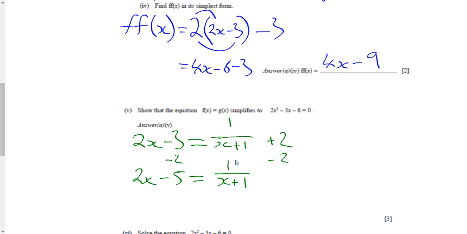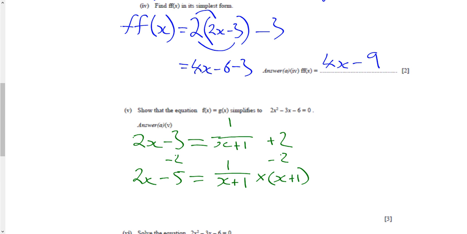Let's get rid of this fraction, and the best way to get rid of any fraction is to multiply it by the denominator. If you multiply a fraction by its denominator, that denominator will cancel out. So I'm going to multiply this side here by x plus 1.